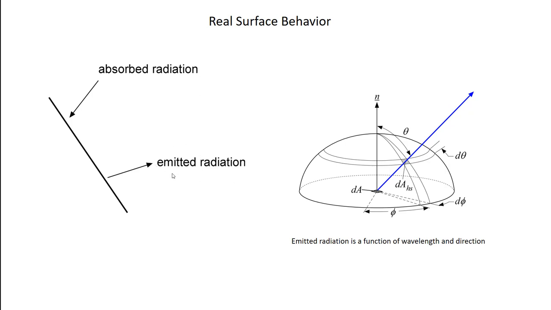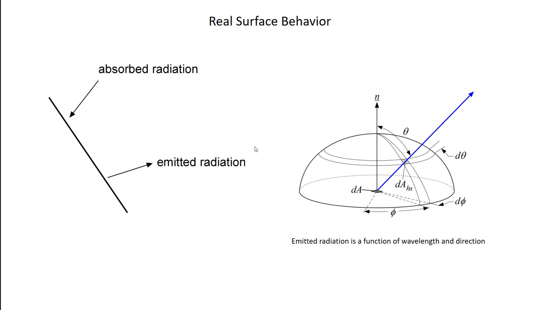But actually even the emitted part of it gets more complicated, and that's because a real surface is going to emit radiation at a rate that's less than a black surface. And actually a real surface will have emitted radiation that can be a pretty complicated function of wavelength and also direction.